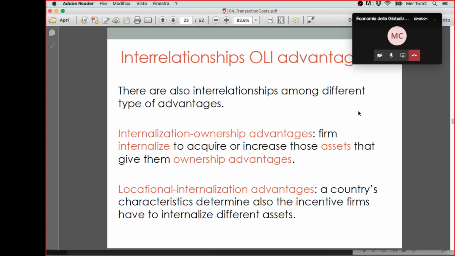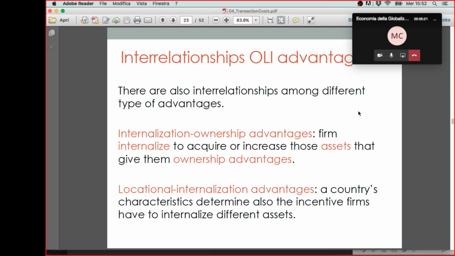But it can also be due to the fact that in that area there is a very good network of transportation and communication. So there is a location advantage that increases even further your internalization advantage.